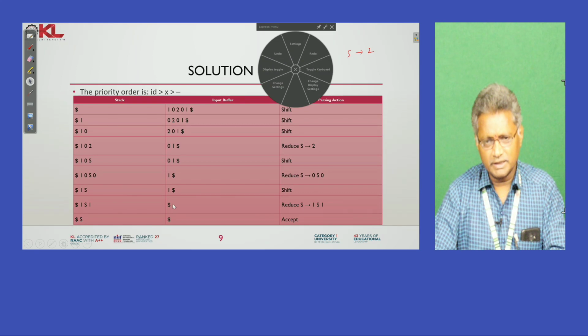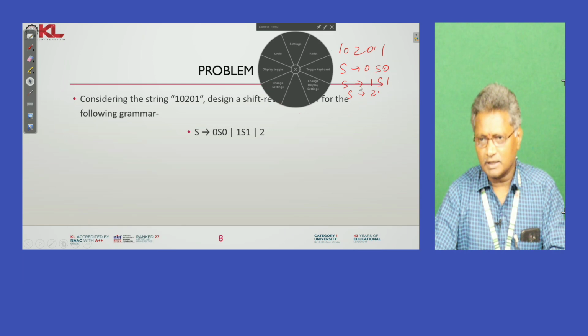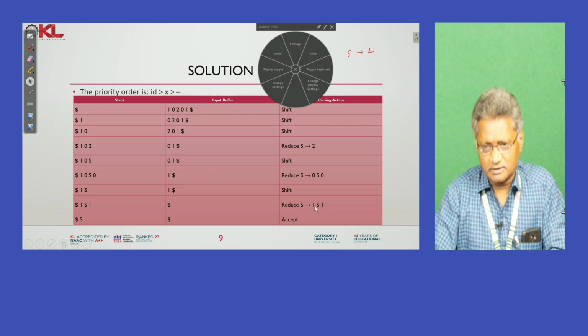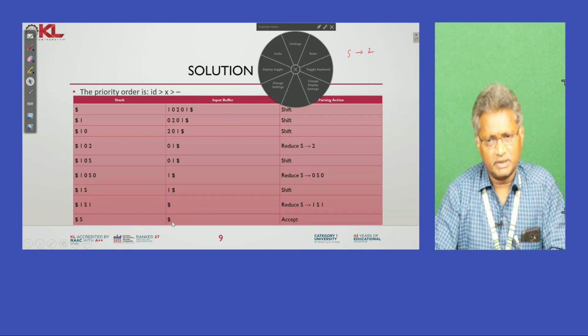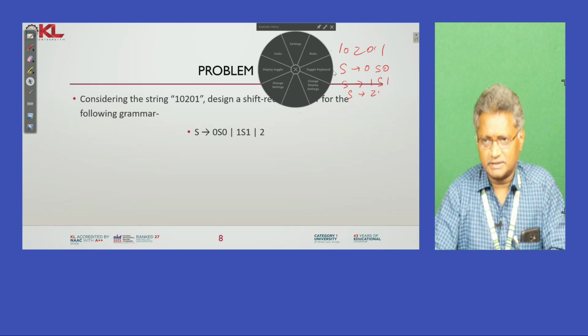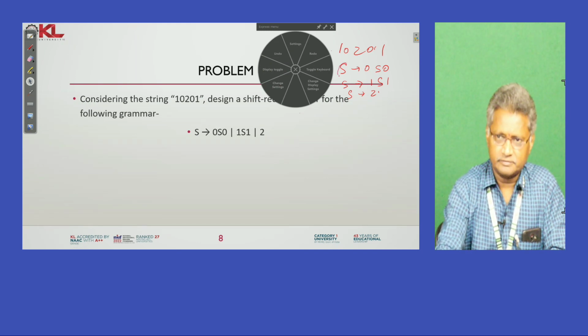This substring, the handle 1 S 1, is reduced using the production S derives 1 S 1, so 1 S 1 is replaced by S. The input buffer has the dollar symbol, and this S is the starting symbol.